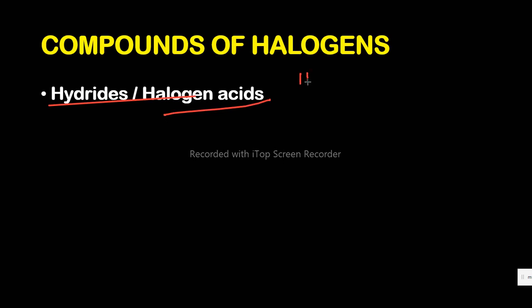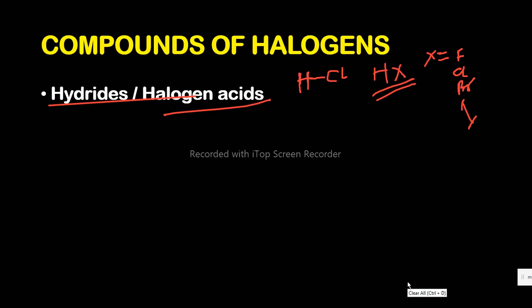Those are a halogen that is combined directly to a hydrogen, or you can say HX, where X can be fluorine, chlorine, bromine, and iodine. So these are the hydrides that we shall talk about in today's lesson.